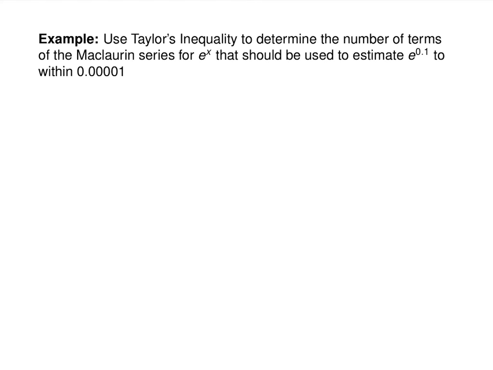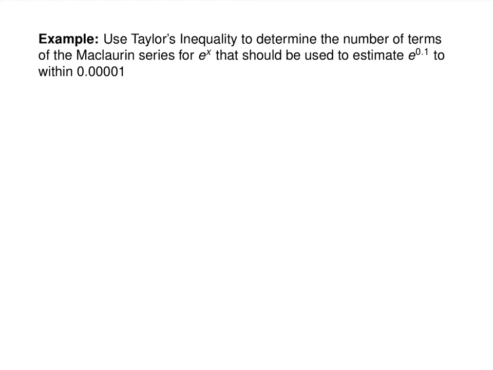What we're going to do next is use Taylor's inequality to figure out how many terms we need for the Maclaurin series for e to the x to make sure that our estimate for e to the 0.1 is accurate to within 0.00001.